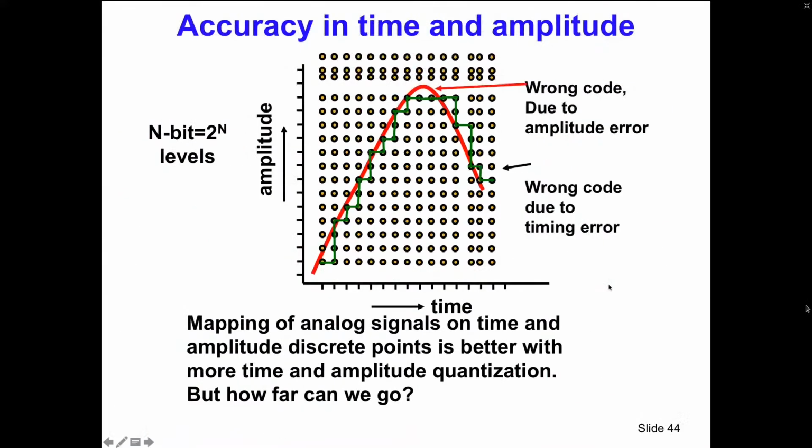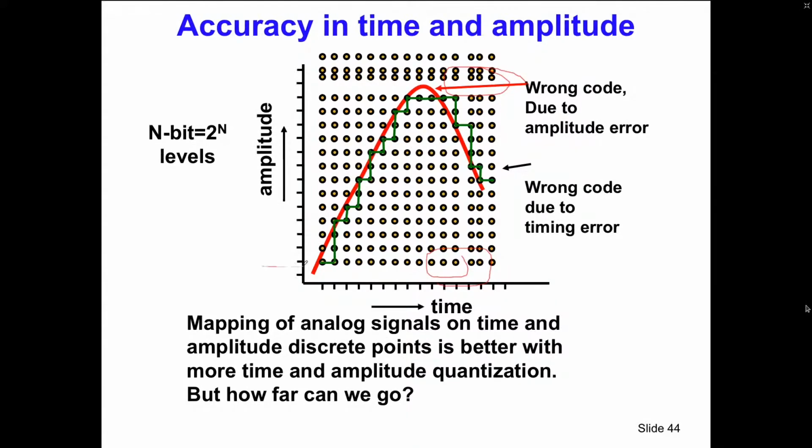Well, you can have trouble over there, and that trouble comes from non-equidistant quantization, and we saw already trouble from non-equidistant sampling moments. So the question is, how far can we push this quantization? How accurate can we stay?